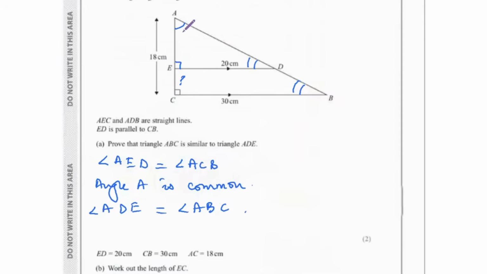So if you notice, AC is 18 and BC is 30. So since both shapes are similar, we know that ED corresponds to CB and AE corresponds to AC.